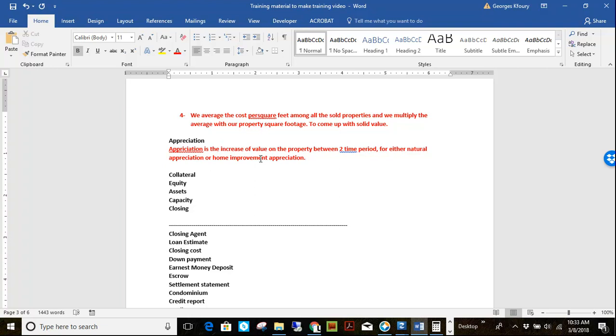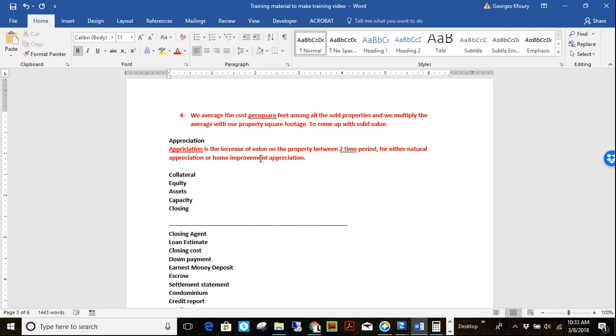Now, if we talk home improvement, somebody bought a home today for 200,000, remodeled it, fixed everything in it, did some customizations, whatever it is.